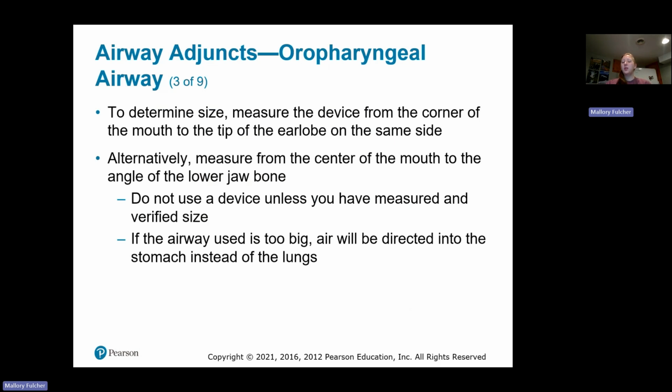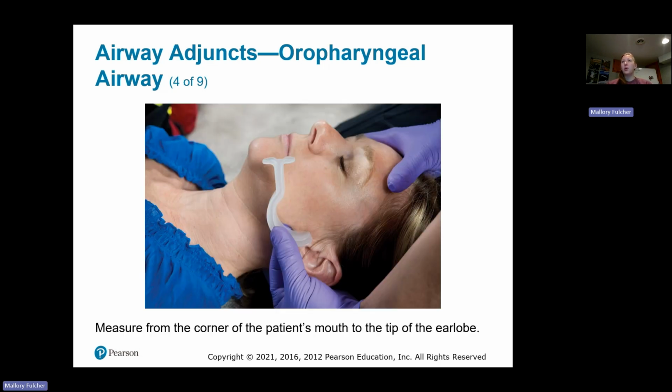To determine the appropriate size for an OPA, we want to go from the tragus, or the corner of the ear here, all the way up to the lips, right? Oropharyngeal airway, it's going to go into the mouth, so we measure from the mouth to the ear.